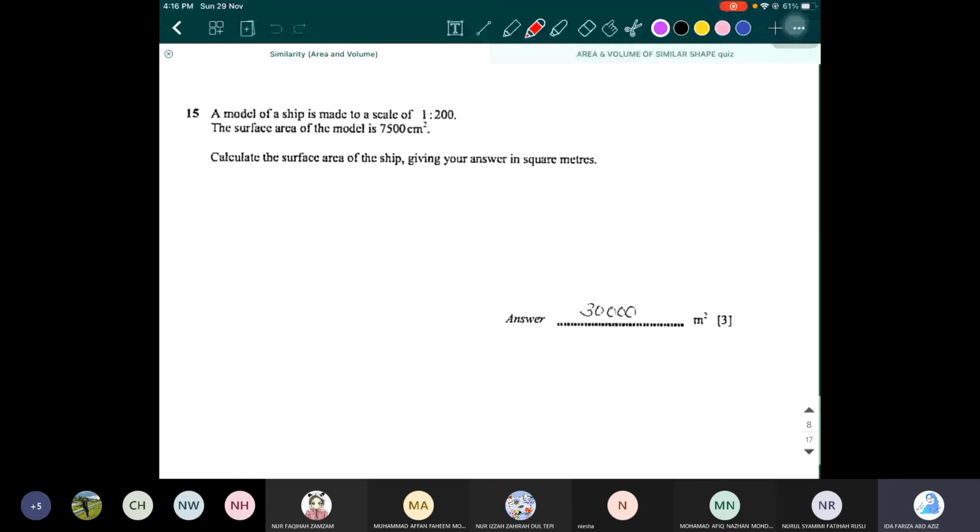Alright. Okay, class. For this one, first decide which is the object and which is the image. This ship, the ship is regarded as object. The model ship I regard as image.